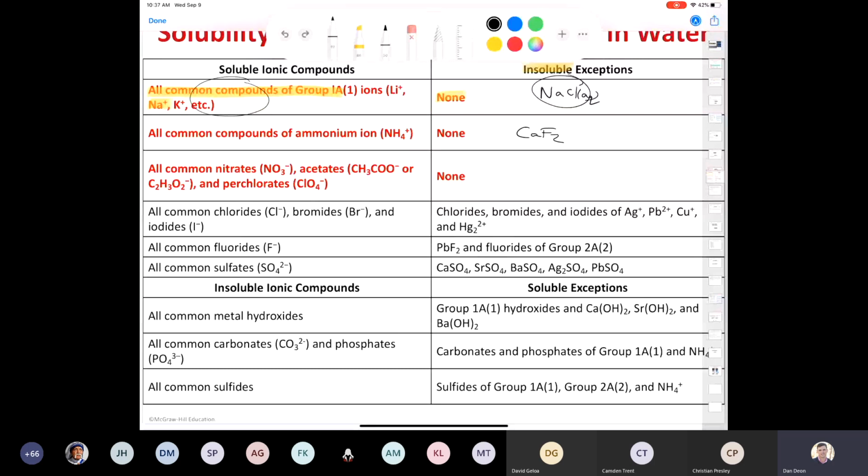Oh, look at this. It says here, soluble ionic compounds: all common fluorides. Hey, calcium fluoride, that's a fluoride. Let me see the insoluble exceptions: lead(II) fluoride and fluorides of group 2A. Hey, calcium comes from group 2A. Therefore, this is going to be insoluble.